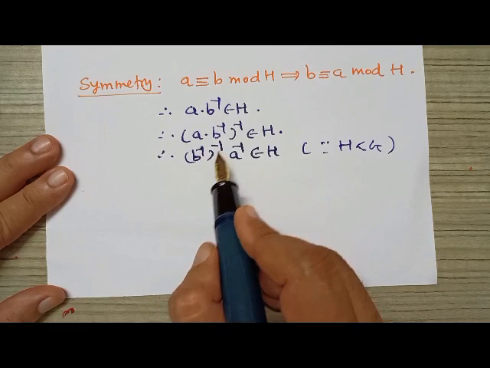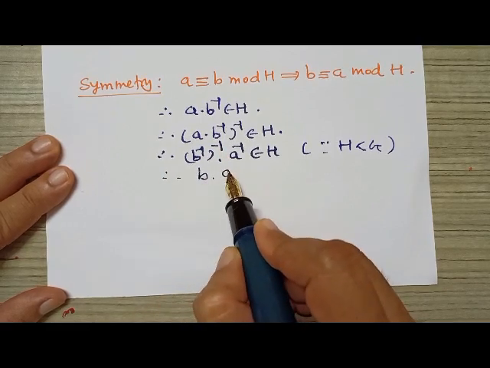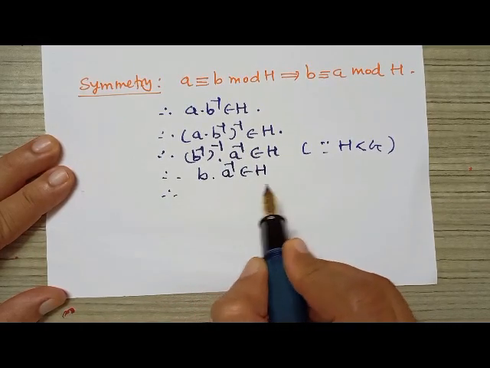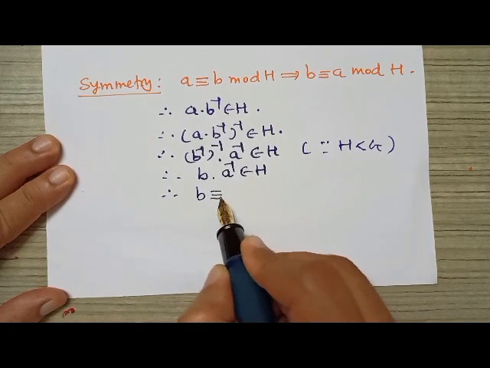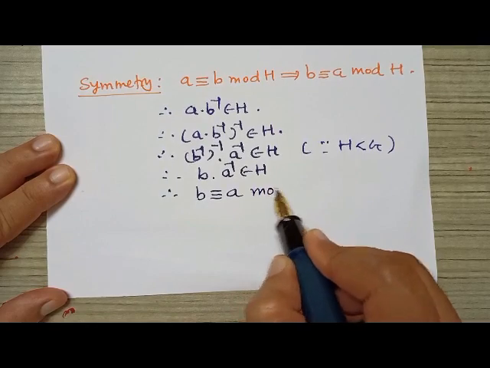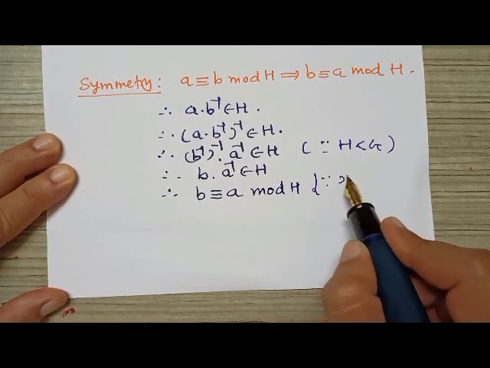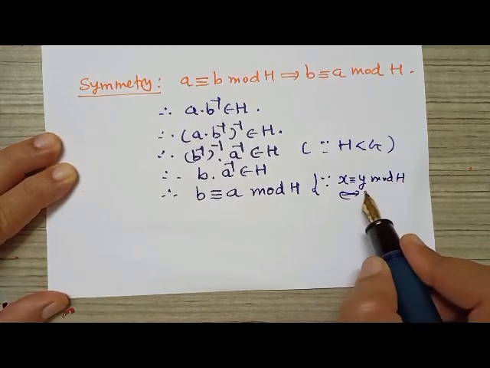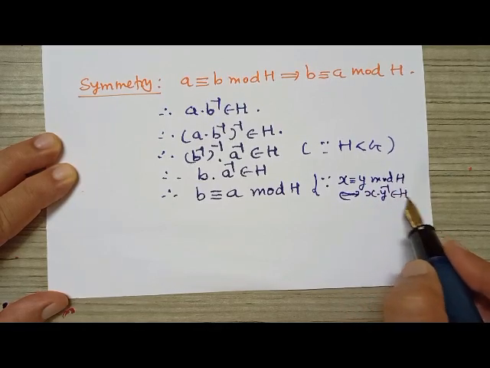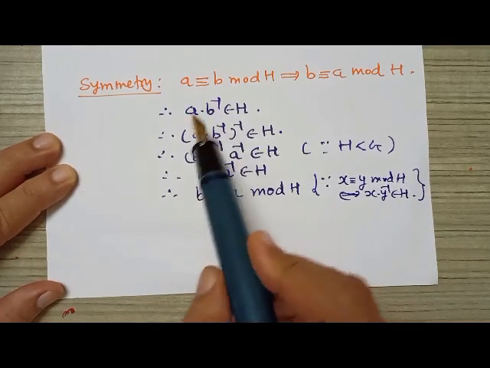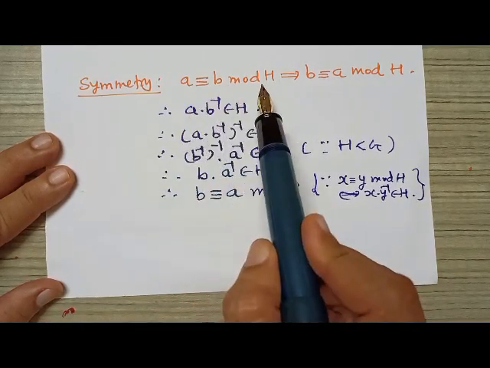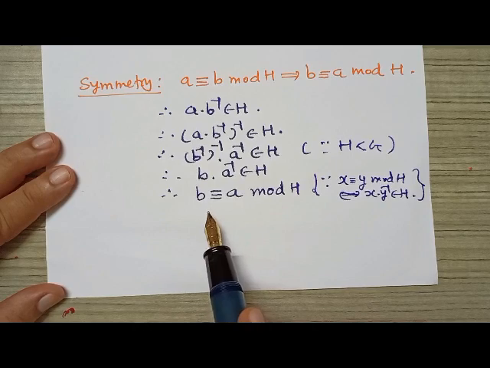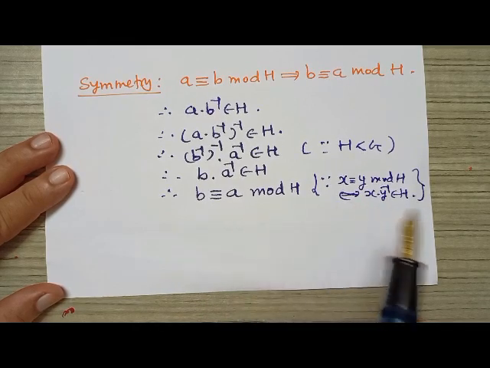Therefore, we get B A inverse in H. Therefore, by definition of congruence relation modulo H, B is congruent to A mod H, because X is congruent to Y mod H if and only if X dot Y inverse belongs to H. So we have started with A congruent to B modulo H, which implies finally B is congruent to A modulo H. Therefore, our congruence relation modulo H is symmetric.